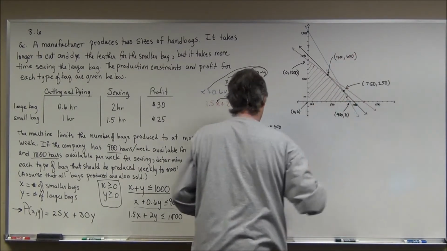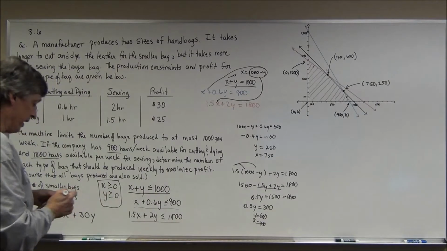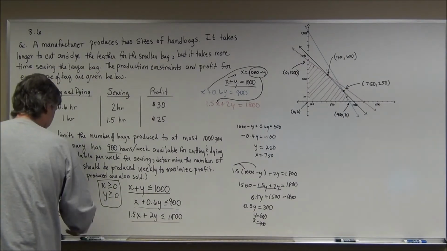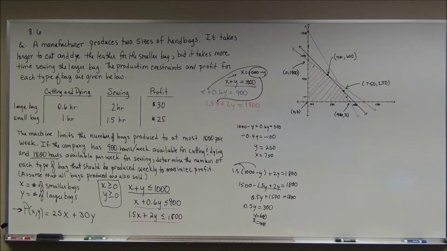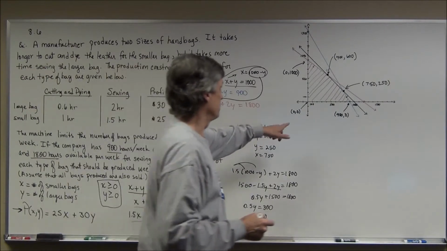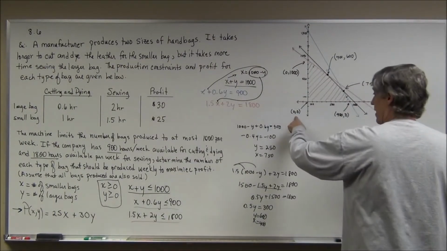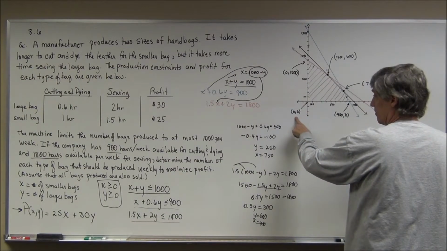Now, I have my 5 corner points, and I'm going to see which one is going to maximize my profit. So I have to go back to my objective function, which is my profit function down here, and I have to plug in those 5 points. Well, I'm going to plug 0, 0 in, even though making 0 bags of each type is not going to get me any money.